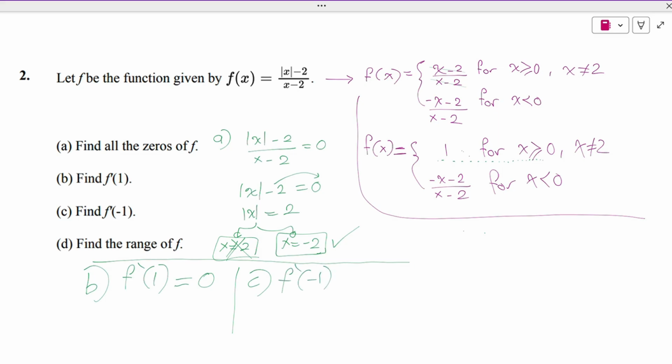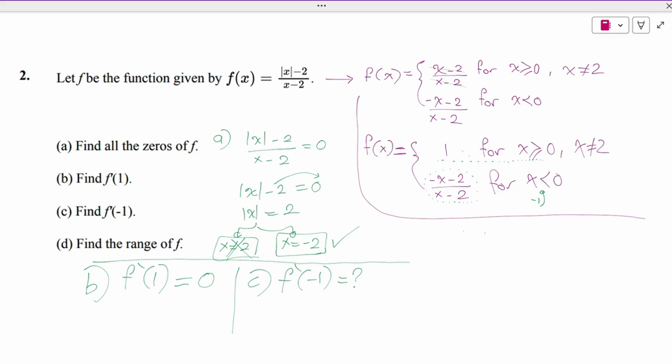Because negative 1 lies here, we have to differentiate this subfunction. So, how do we differentiate this one? We can differentiate this one by using the quotient rule, because it's a quotient of two functions.